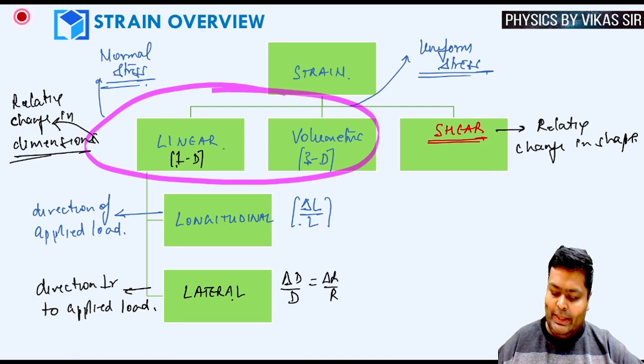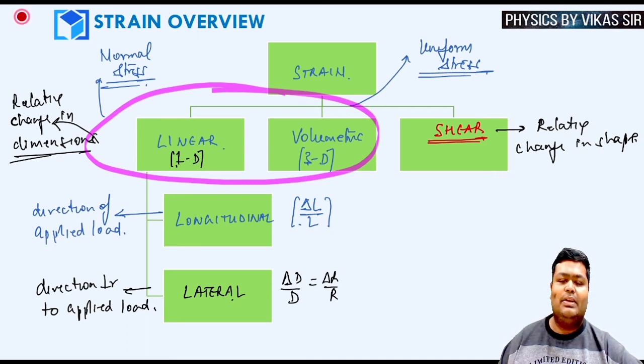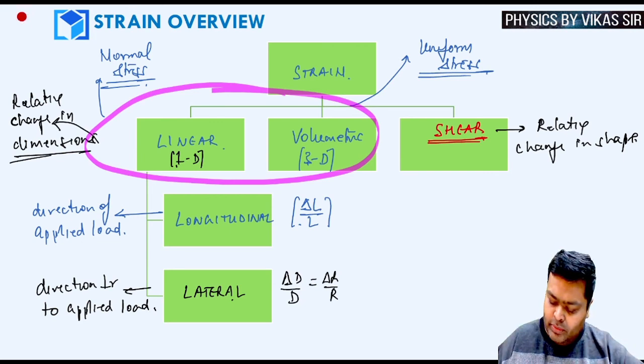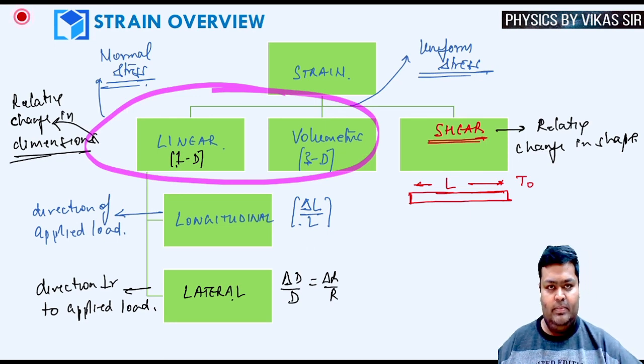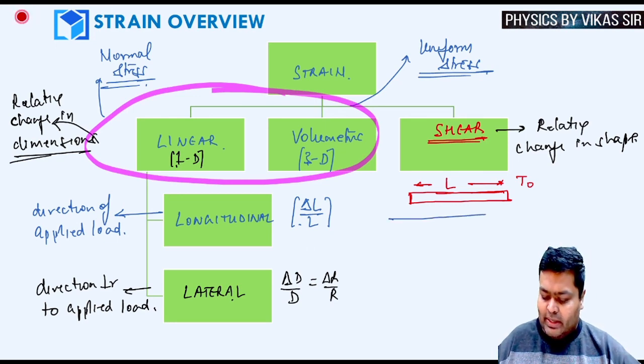To complete the article, let's take a small example where we have a metal rod, and this particular metal rod is having a length of L, and this was at a temperature of T naught, and this was heated. So it expanded to the new length that was supposed to be L prime.